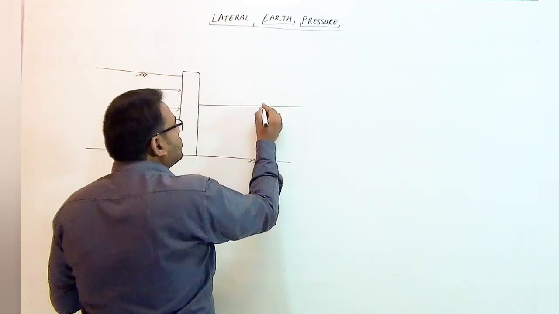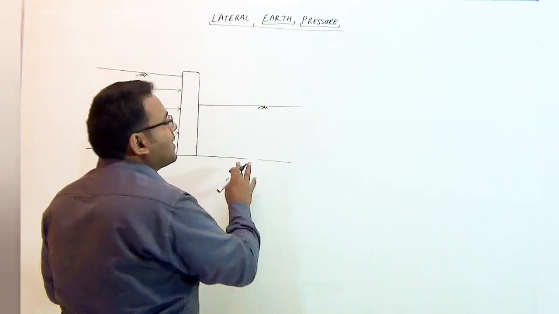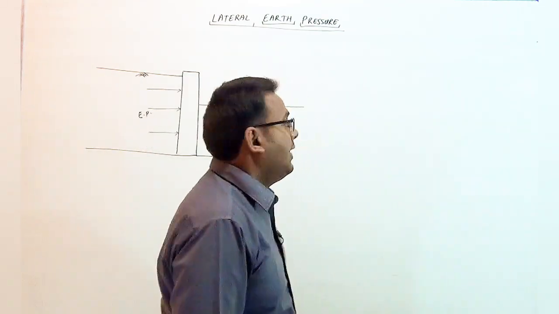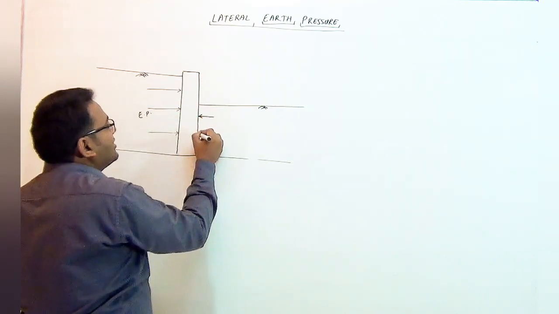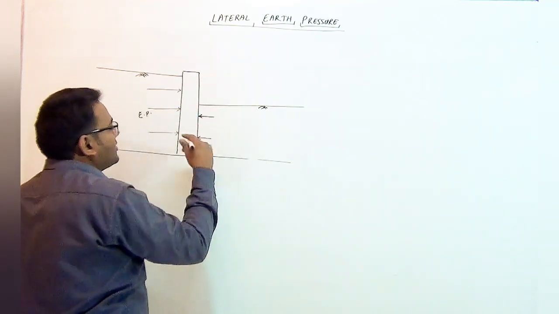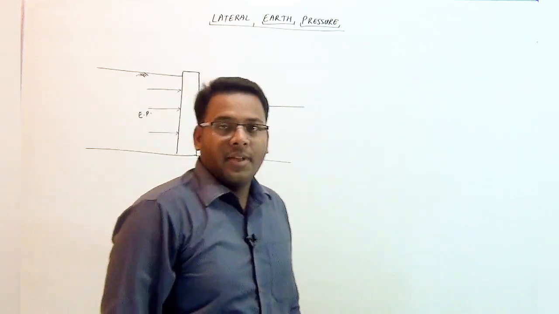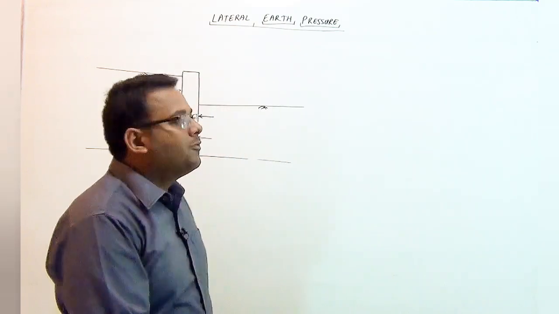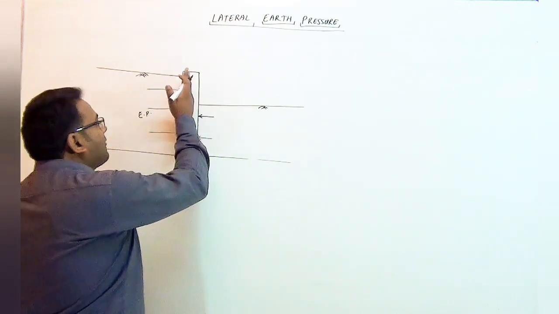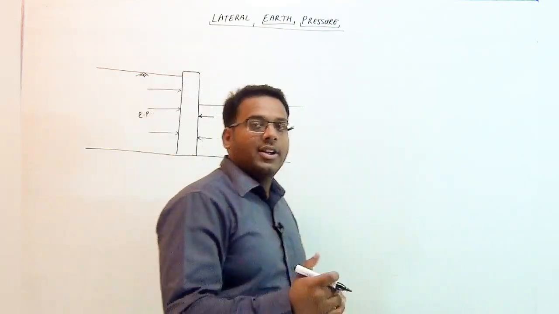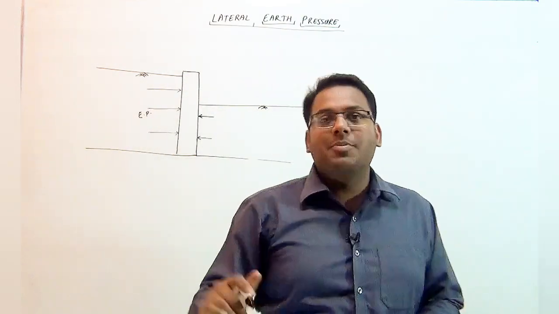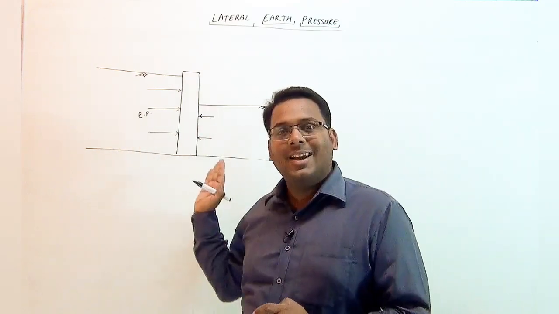This soil will also have a tendency to spread itself, and it will exert force on this retaining structure in this direction because of its tendency to spread. But it is quite obvious that the net force on this retaining wall will depend on the forces exerted by the two soils on the different sides.